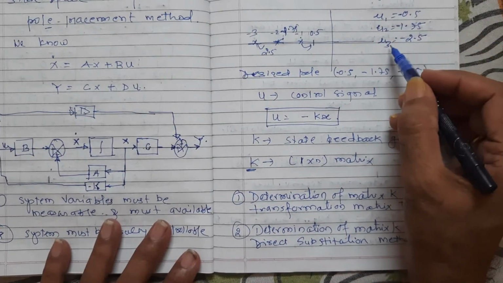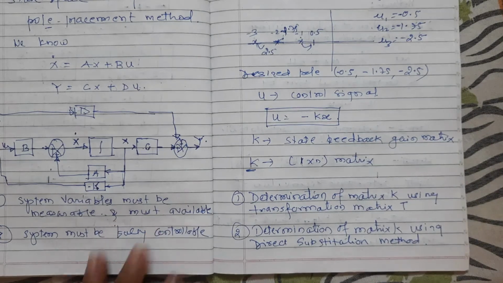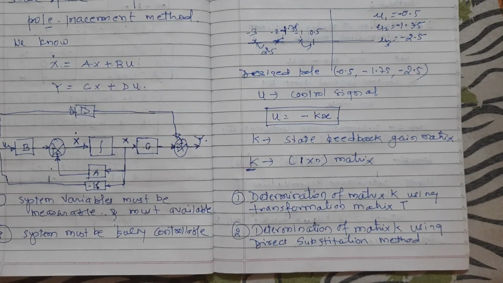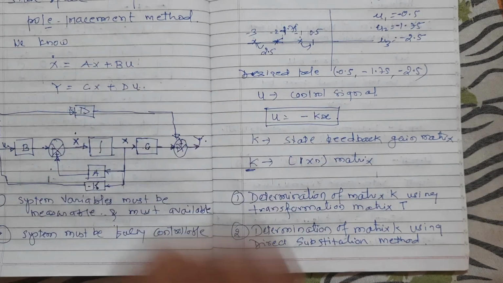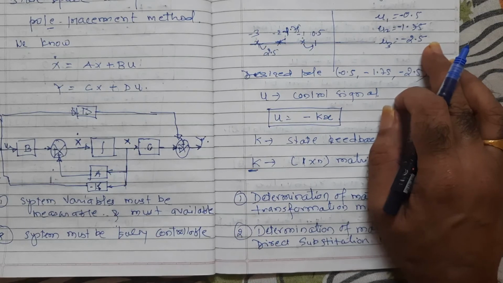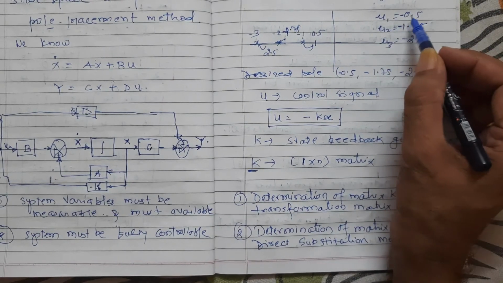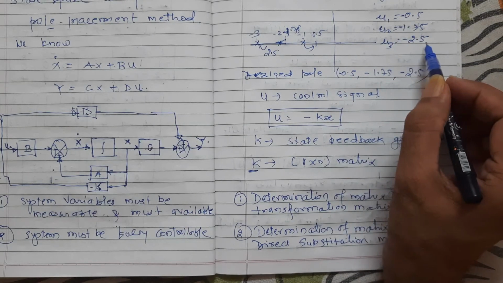These we can call eigenvalues, or we can call them closed loop poles, because eigenvalues are nothing but my characteristic equation roots. So that is nothing but my poles. So eigenvalues or closed loop poles, both are the same. So mu1 is equal to minus 0.5, mu2 is equal to minus 1.75, and mu3 is equal to minus 2.5.